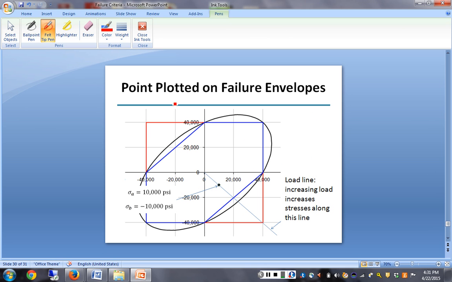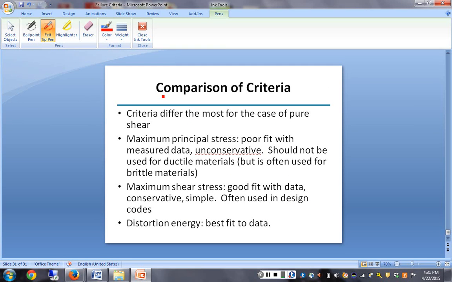Again, this load line, like Mohr's circle, the geometry works out that if you take this distance as a ratio of the distance out there, you can see that that's halfway, that's a little more, and that's times 4. So the geometry of it works out. And I think I've already said that they differ most in pure shear.